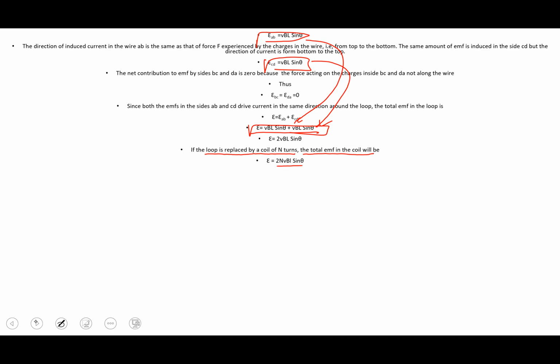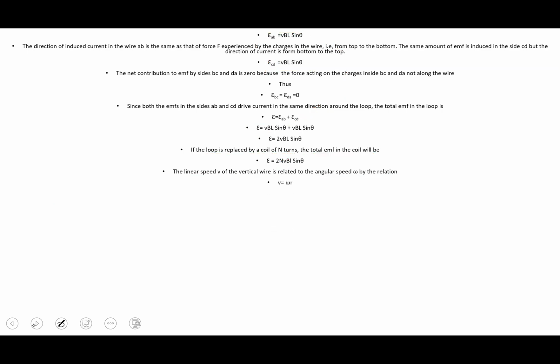VBL sine theta. The linear speed of the vertical wire is related to the angular speed, because it was moving with the angular velocity omega. So we have to represent this speed, which is represented by V over here, in the angular form. So how can we do that? We know that V is equal to R omega.